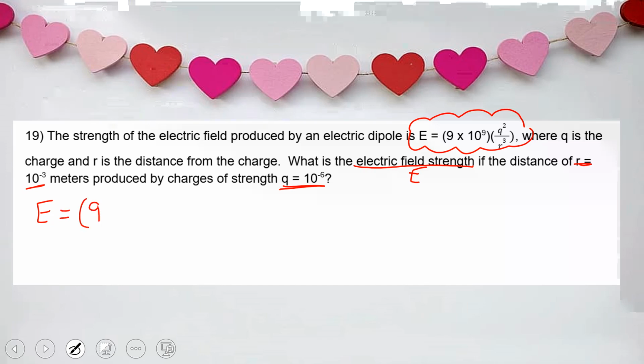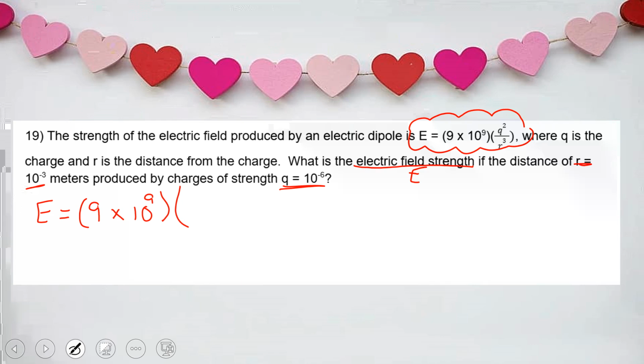I know that I get E by taking 9 times 10 to the 9th times Q squared. Well, Q is 10 to the negative sixth. And I got to square that. Over R cubed, R is 10 to the negative third, and I'm going to cube that.